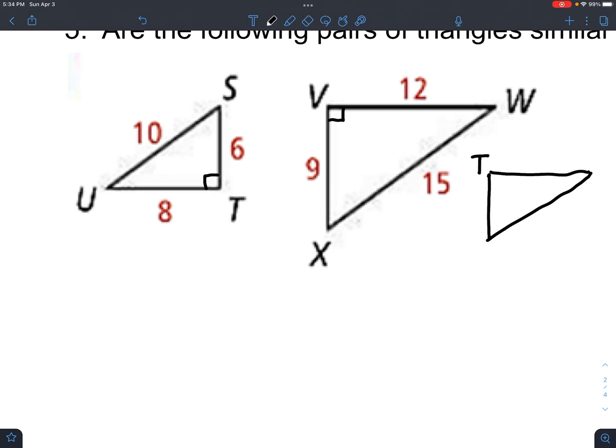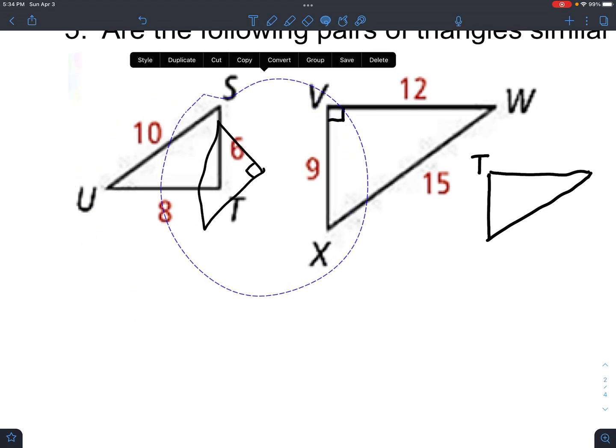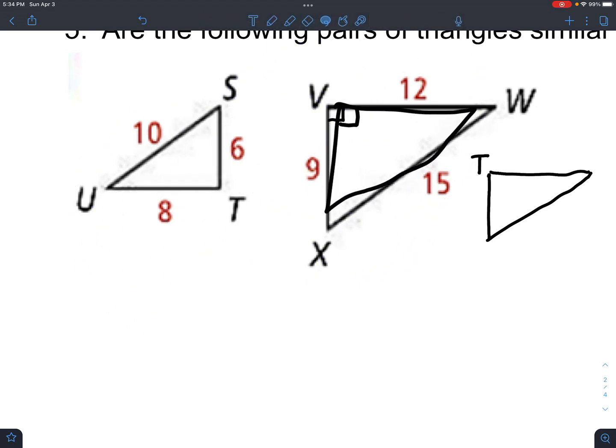So T is this one. I'm imagining twisting or rotating this like this, you see? So it actually turns out that if you watch U, it's going to go to W.